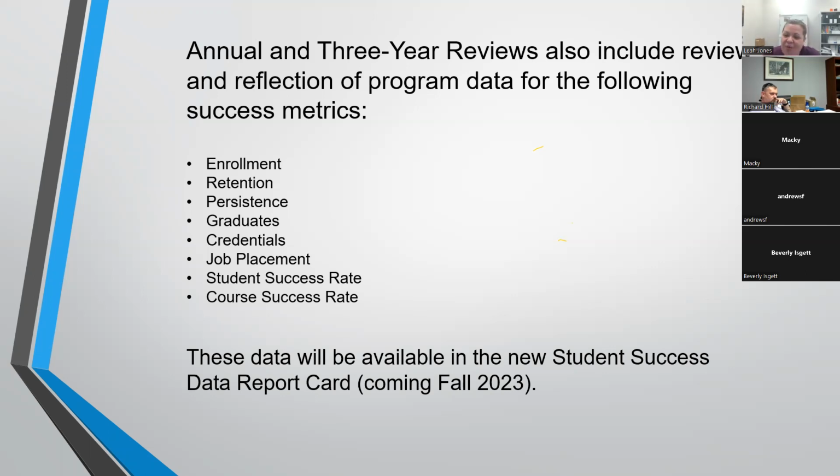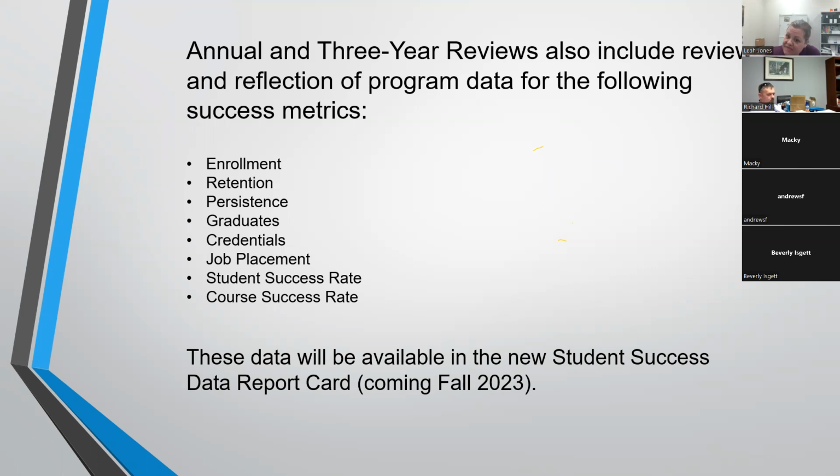So now you'll get an easier way to review this data and then reflect on it and put some information into your annual program review that really is going to help your continuous improvement thought process every year.